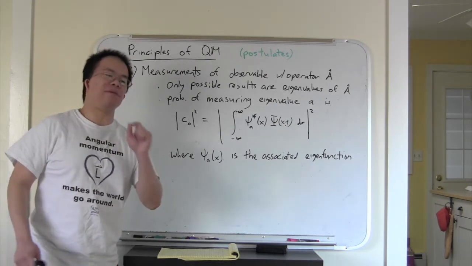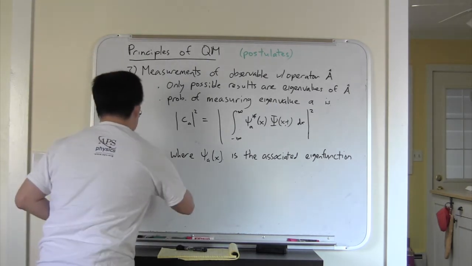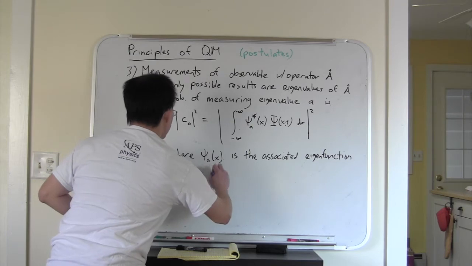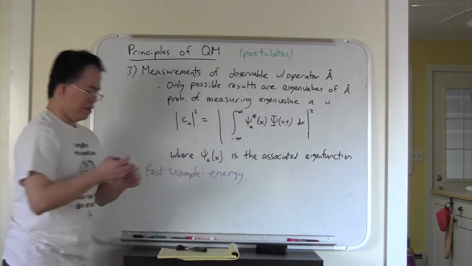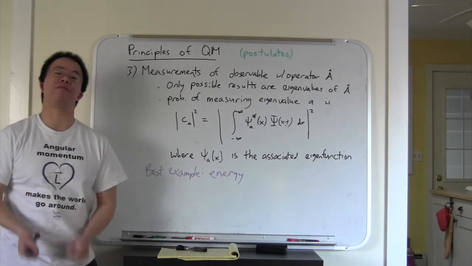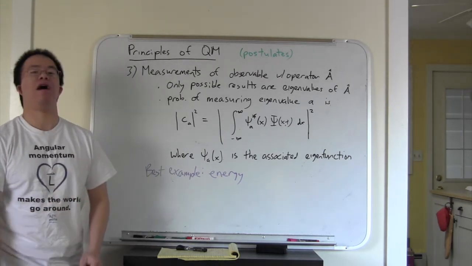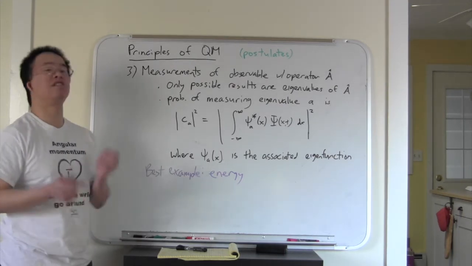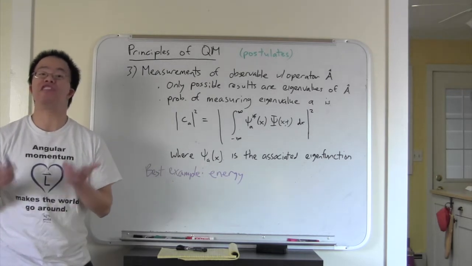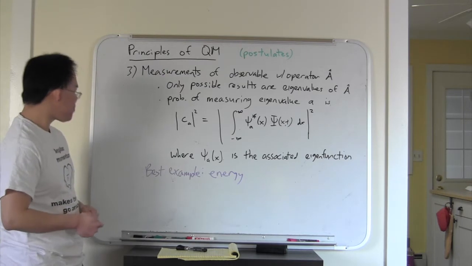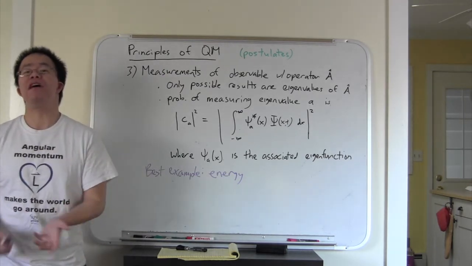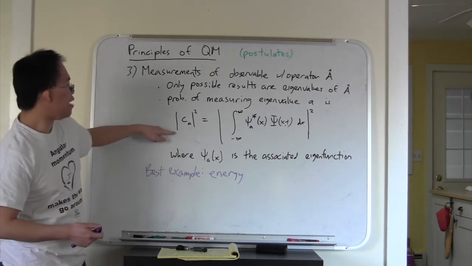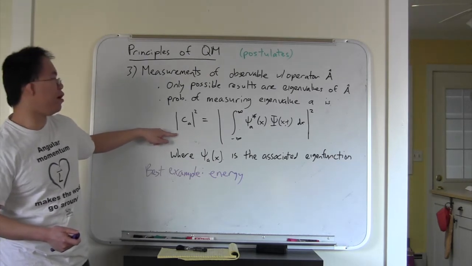So the best example of this, hands down, is energy, right? And that's what we spent so much time and effort on with the infinite square well. We talked about how we could expand any arbitrary wave function in an infinite square well in terms of a sum of energy eigenfunctions, or stationary states. And then we talked about the probability of getting a particular value for the energy of the system, which turned out to be the expansion coefficient modulus squared.